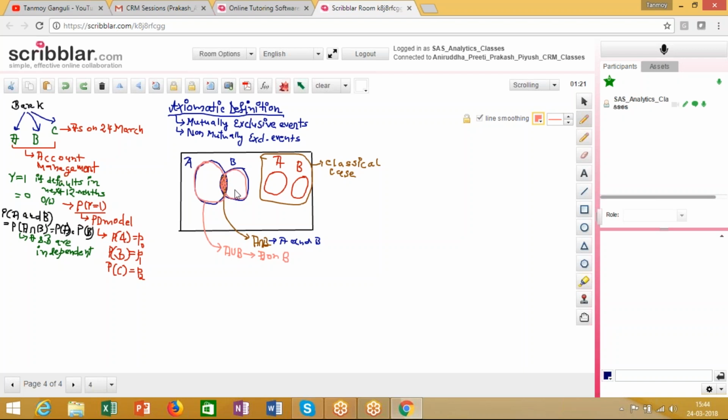So this is A intersection B and the other is A union B. These are the two important things, and when we are computing the probability, this needs to be taken into account. Now let's look into another part of this set. This part is called only A.